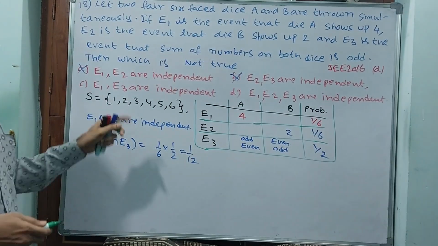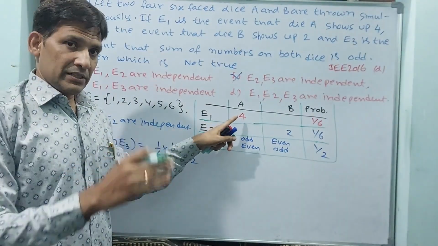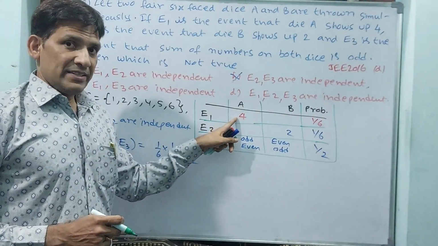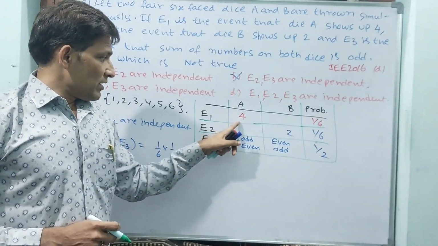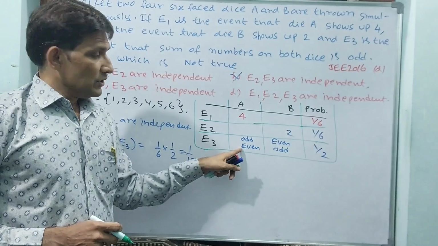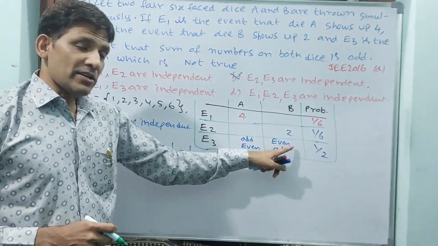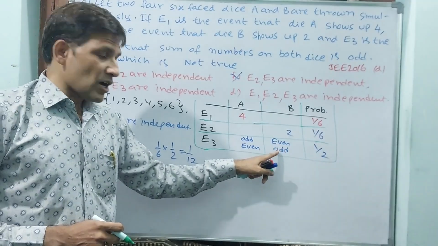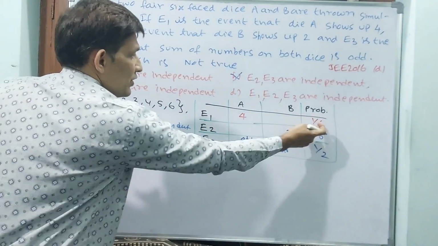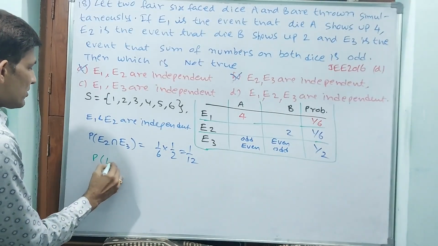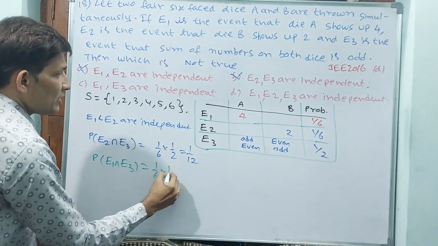Now go for E1 and E3, the third one. Here also you see event E1 has already occurred. That means 1 by 6 has come. 4 has come. Now here even has come. For the sum to come odd, here odd should come. See here, chances are even and odd, but odd coming means 50% probability, 1 by 2. That means the probability of E1 intersection E3 is 1 by 6 into 1 by 2.